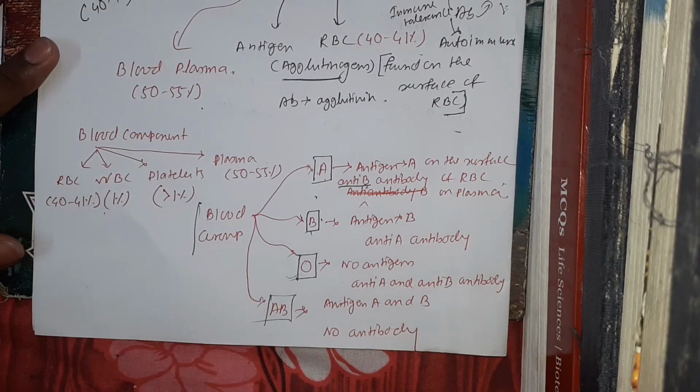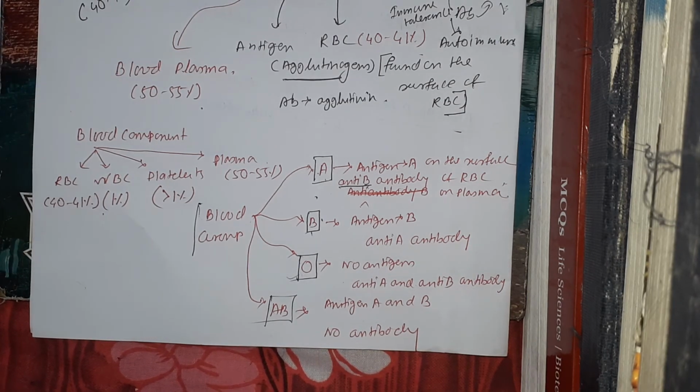So that is all about the introductory portion of blood group, where we have learned that blood can be divided into 4 different components: platelet, WBC, RBC, blood plasma.